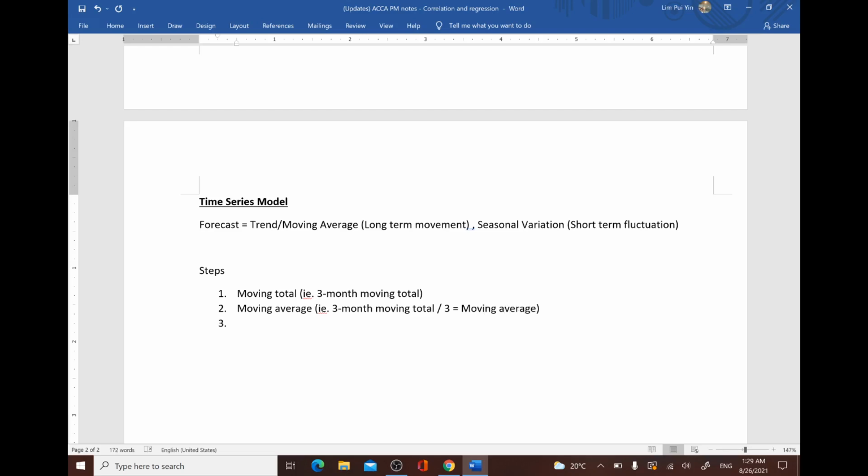Subsequently, it's possible for you to derive the seasonal variation. With the use of the seasonal variation, ladies and gentlemen, there are 2 different ways of doing it. Number 1, we can make use of something called the additive model.